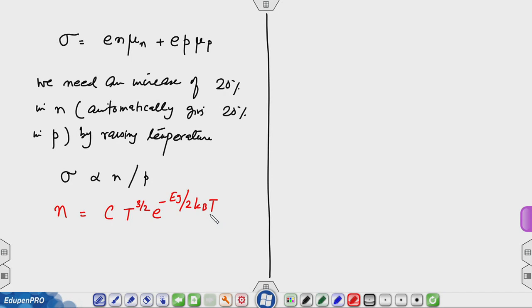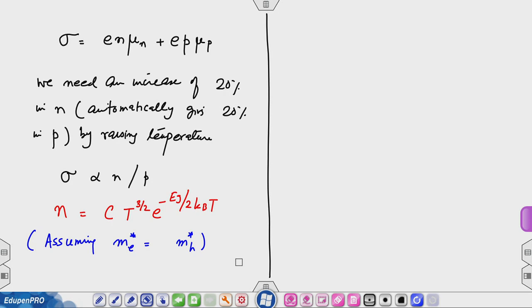Since we are estimating, I can take this to be E g by 2 kBT. So, in this I am assuming the effective mass of electron is the same as the effective mass of the hole. So, this is only an estimate, so we can be off by 1 or 2%, it does not matter. Now, if you look at this expression, the large change would come from the exponential function of temperature rather than T raised to 3 by 2.